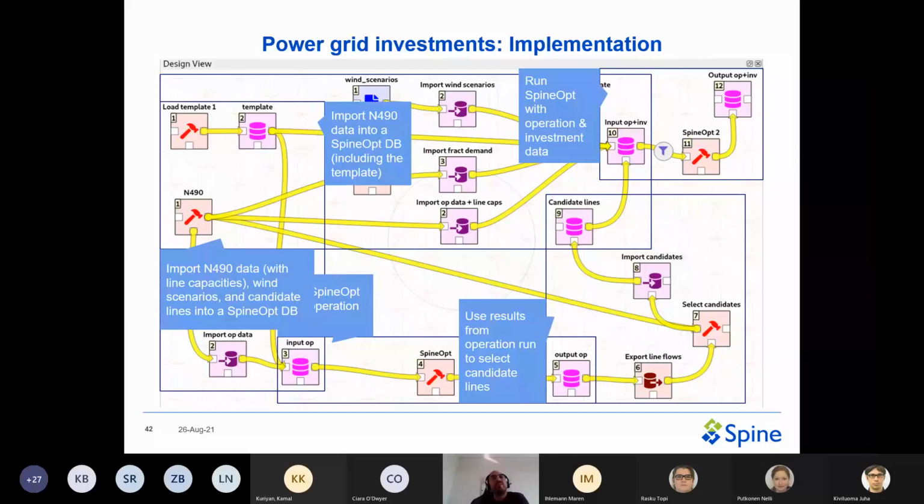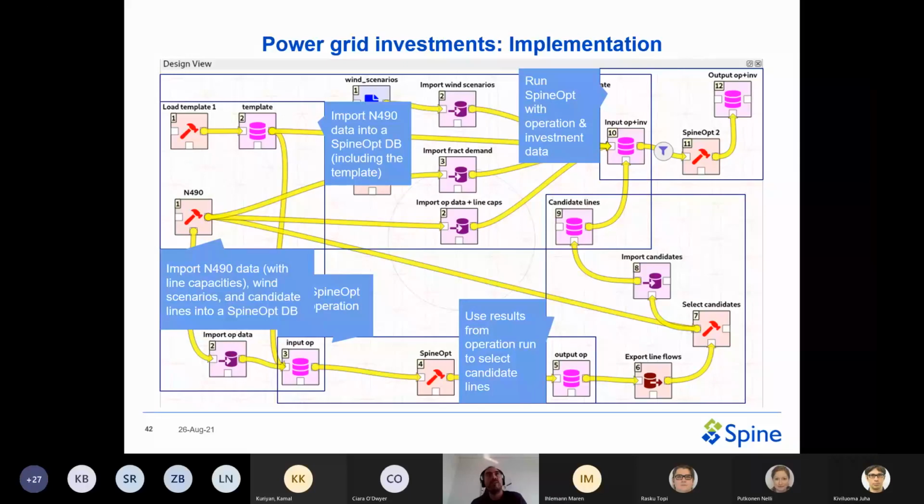Then we have a third block, which is a second import operation where we bring a lot of data into our Spine database that now has operation plus investments data. So we have the original data from the N490 model, plus the candidate lines we have computed, plus some wind scenarios that we want to use for this investments model.